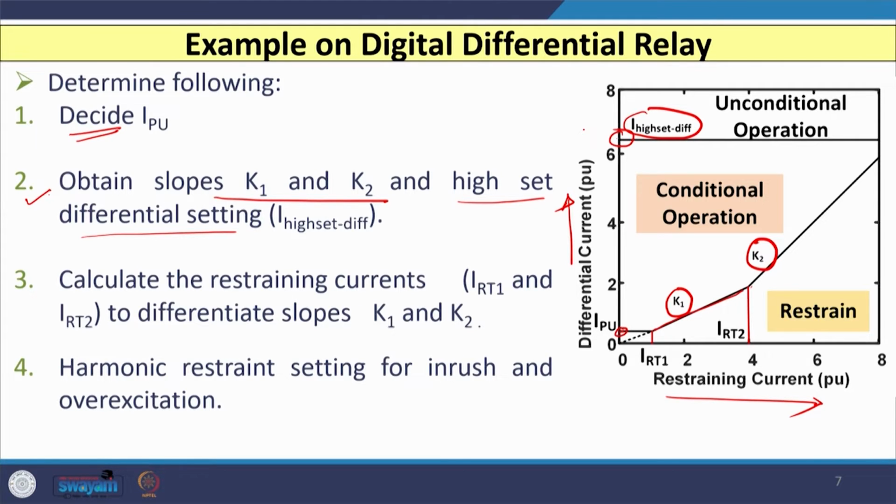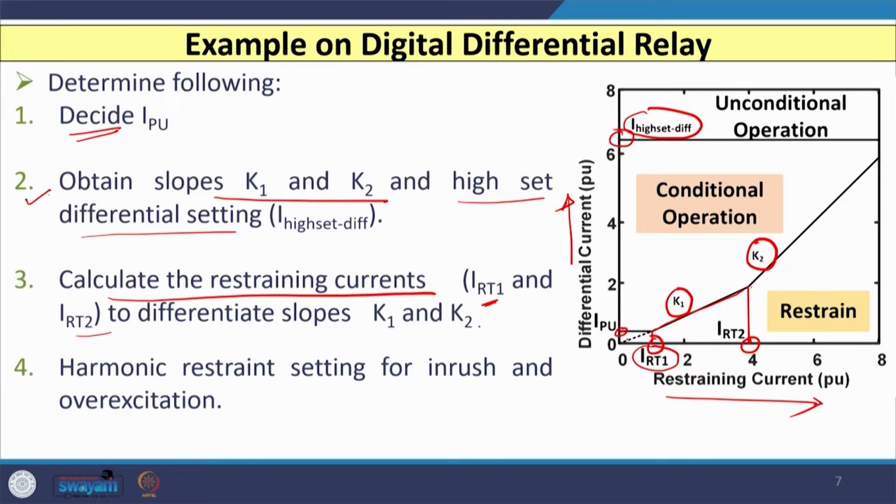The third thing is we need to calculate the restraining currents given on the x axis, that is IRT1, this point, and IRT2, this point.